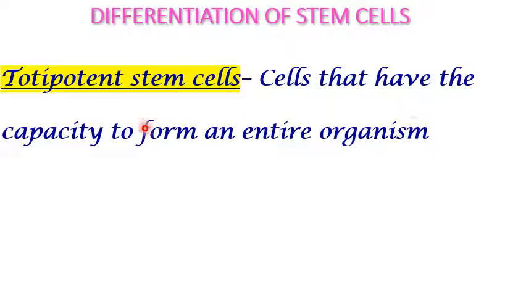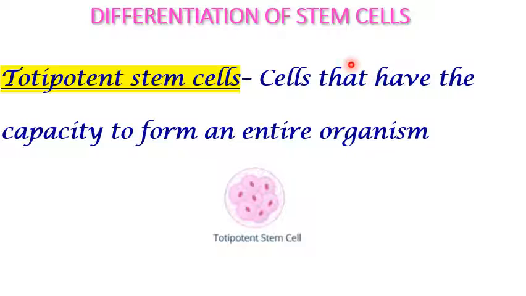The most important character of this totipotent stem cell is that it can generate a complete organism. A completely new organism can be formed by these totipotent stem cells.